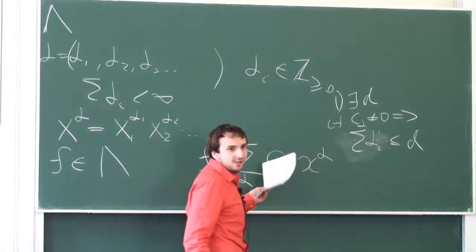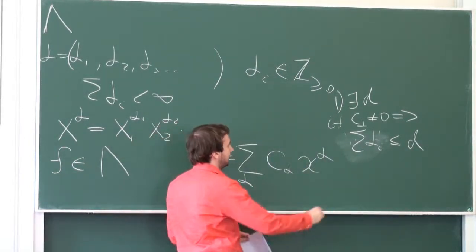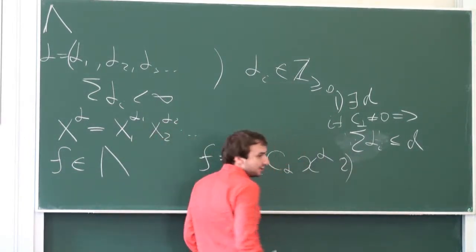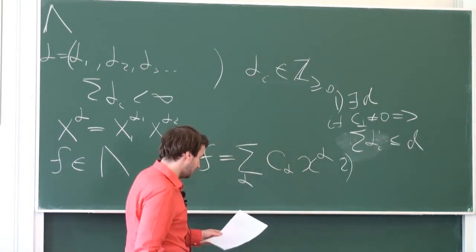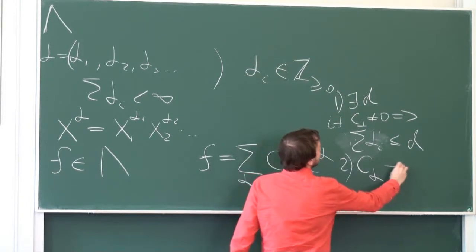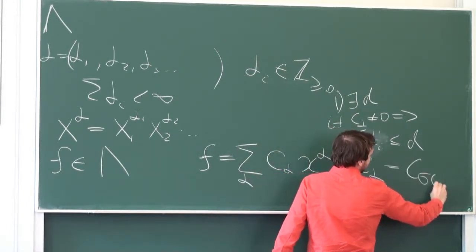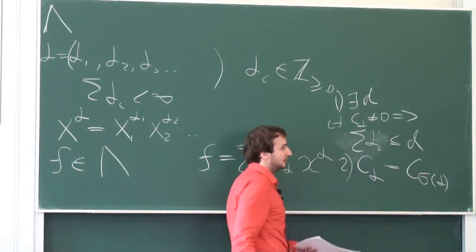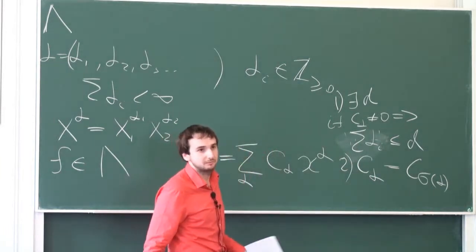So it just means that this is a finite degree series. And the second condition is that this is a symmetric series, which means that if you take C alpha and do some permutation of indices, then the coefficient should be the same.